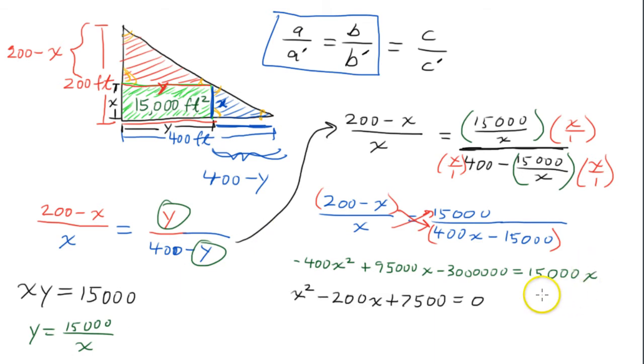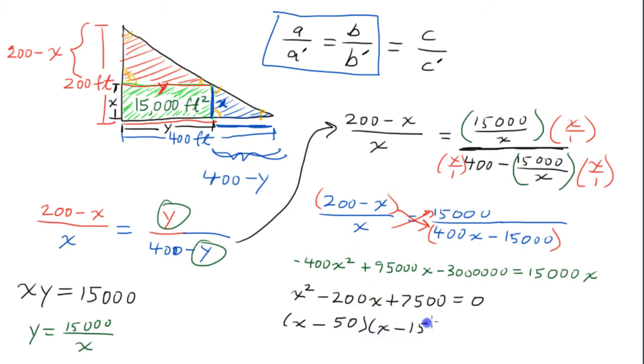And what I did there was I subtracted 15,000x from each side, and then I divided through by negative 400. So that makes this much more manageable. And now we can actually factor this one. If we couldn't factor it, of course, we could just use a quadratic formula or a calculator. If we had a calculator handy, we would have used the calculator from the beginning to solve this instead of trying to simplify it. But this is just great.